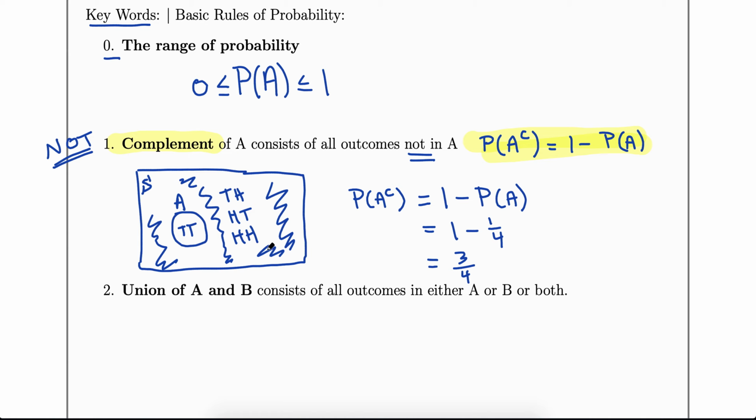We see we shaded in 3 out of the 4 outcomes when we represented not A, or the complement of A.